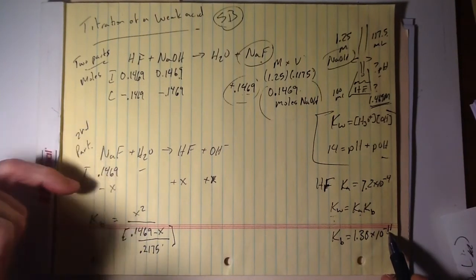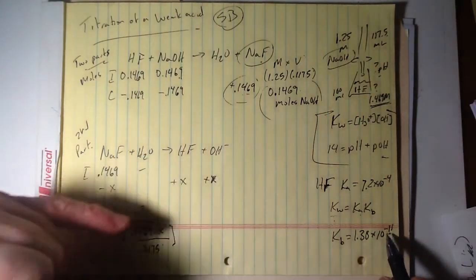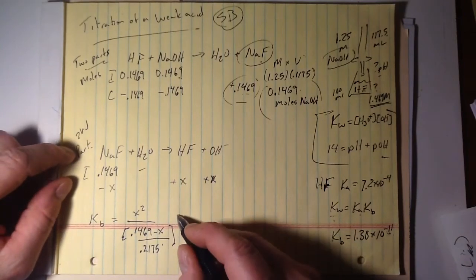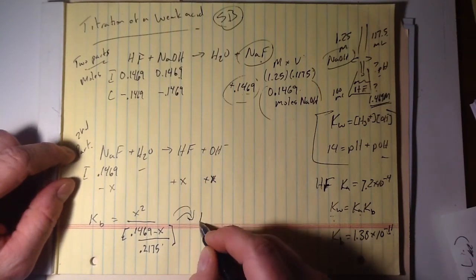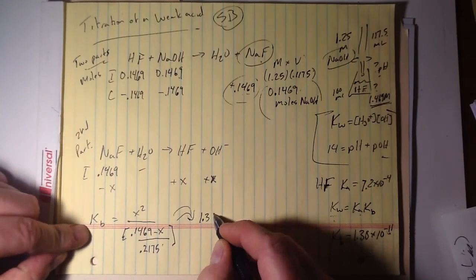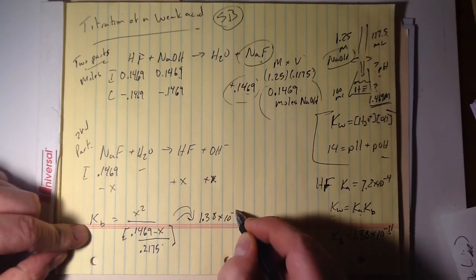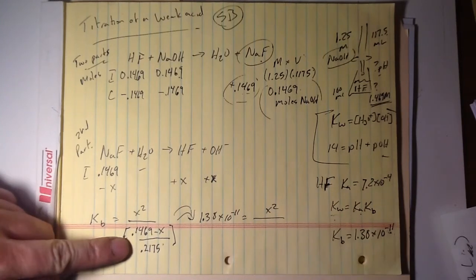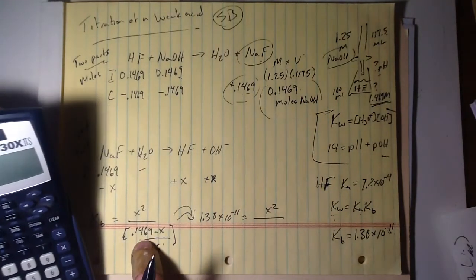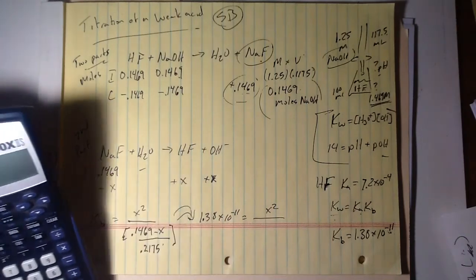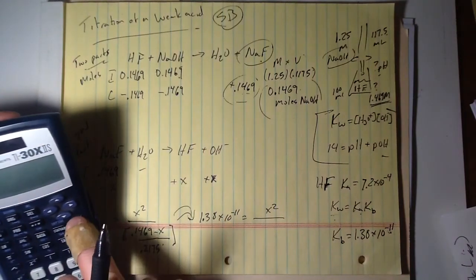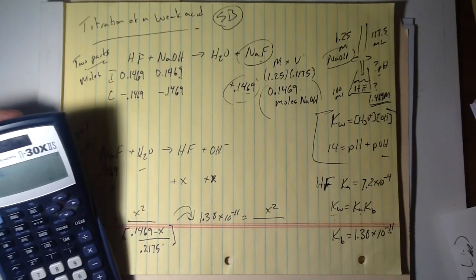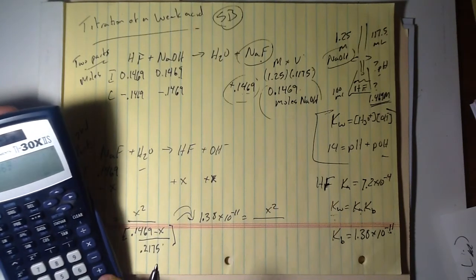That means very little of this goes to the right side. What does that mean? I don't have to worry about this little bit of x. I can just rewrite this as 1.38 times 10 to the minus 11th, plugging in that Kb, is equal to x squared over, I'll just do the math, the moles of that NaF, 0.1469, divided by the total volume, 0.2175.